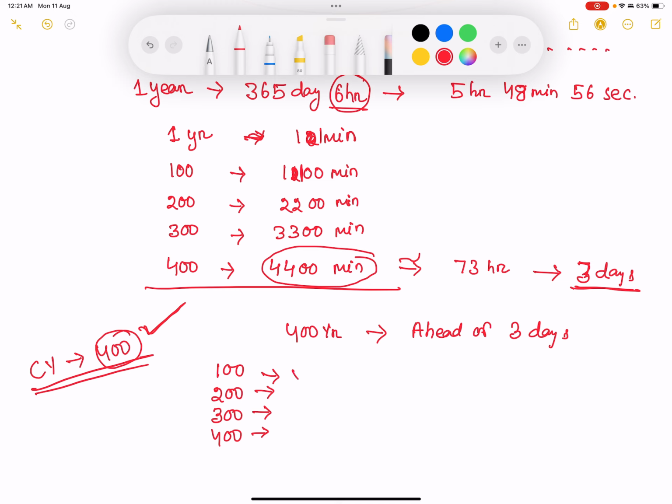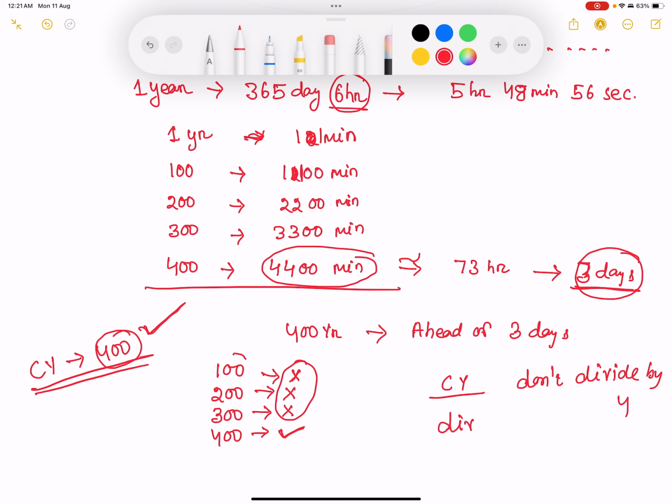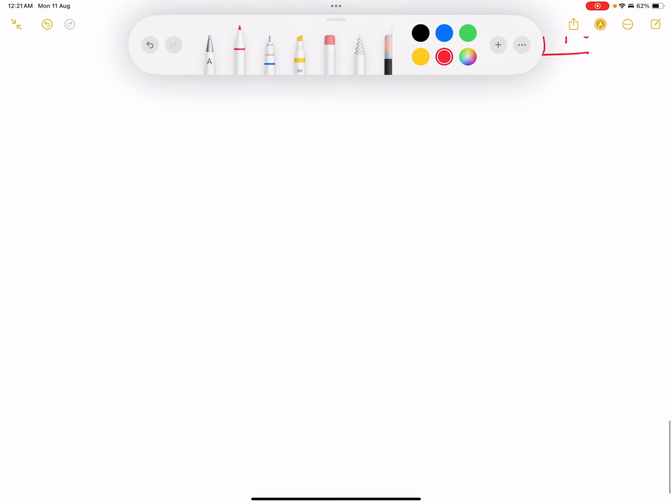So 100 will not be a leap year, we can balance, and this one will be a leap year, means we are ahead by 3 days, then we balance that 3 days. Okay, that's why when it comes to any century year, don't divide by 4, divide by 400.